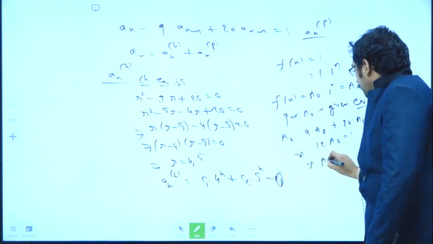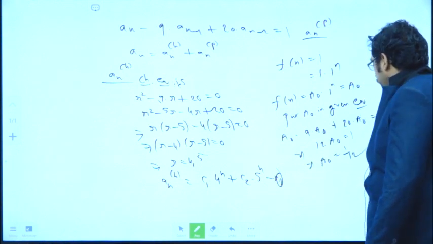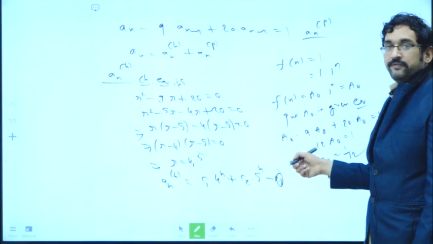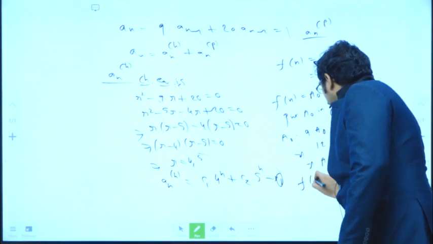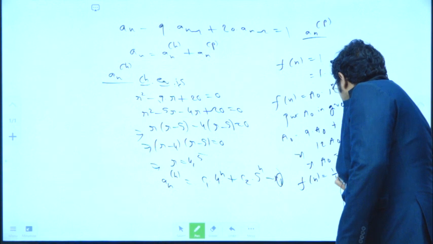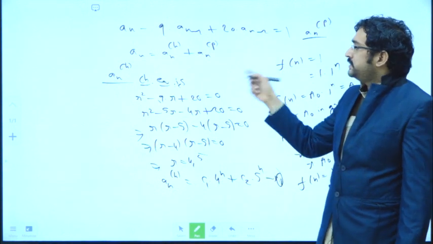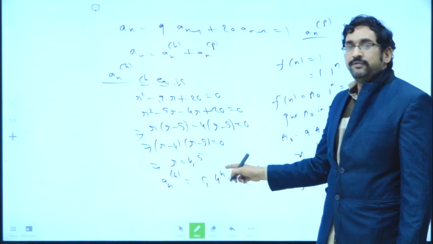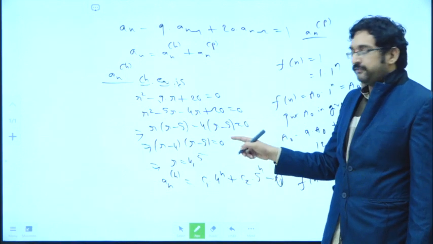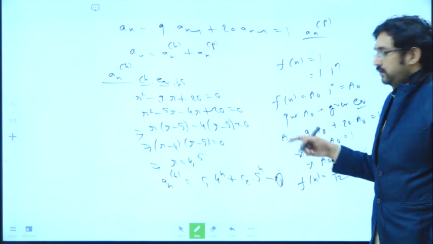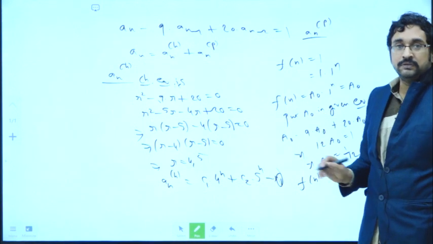That implies a naught equal to 1 by 12. Therefore, the particular solution equals 1 by 12. So for the given problem, the homogeneous solution is c1 into 4 power n plus c2 into 5 power n, and the particular solution is 1 by 12.